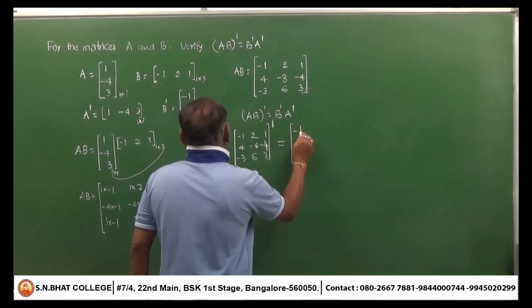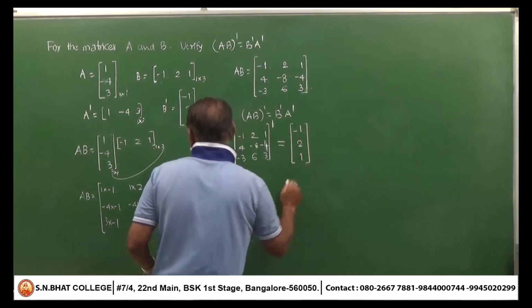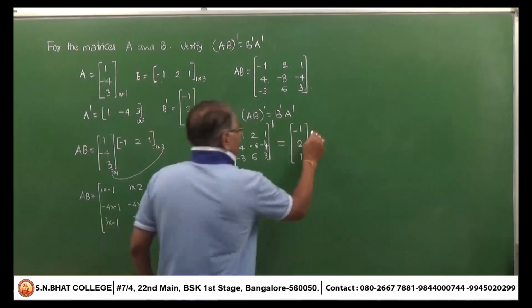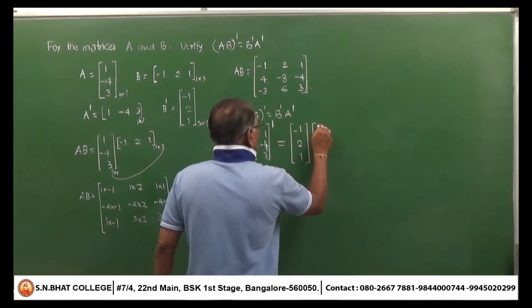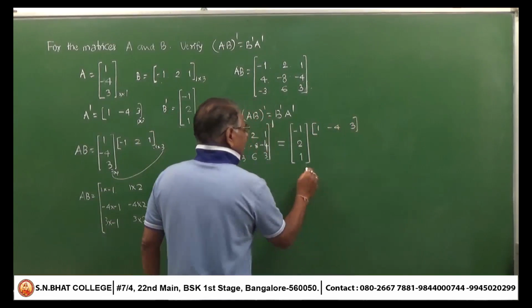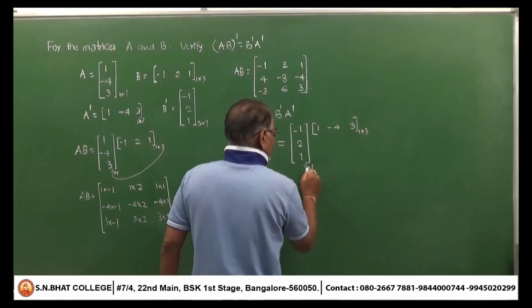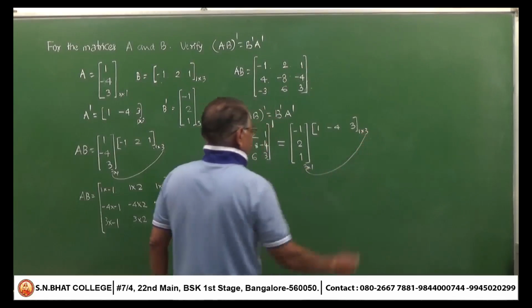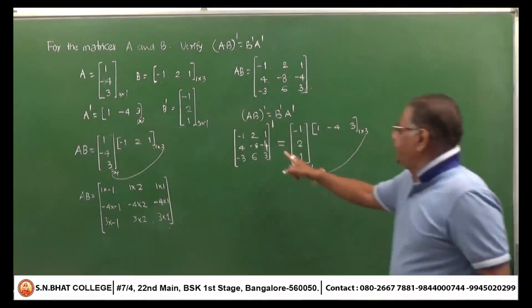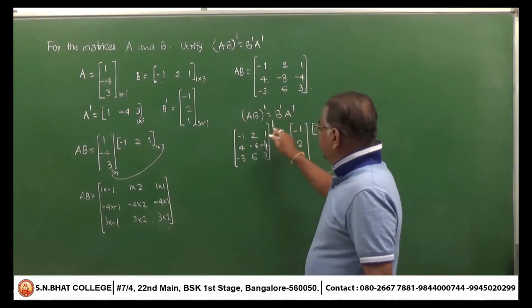B transpose is minus 1, 2, 1 into A transpose, which is the row matrix 1, minus 4, 3. Again, while multiplying 3 cross 1 with 1 cross 3, after multiplying you get a 3 cross 3 matrix. This matrix is AB, write its transpose.